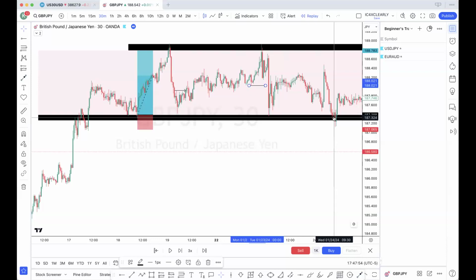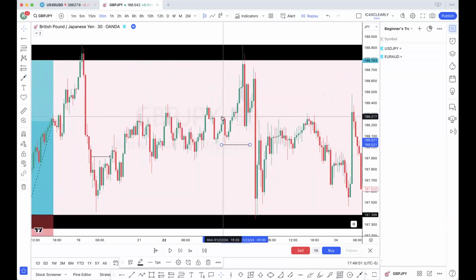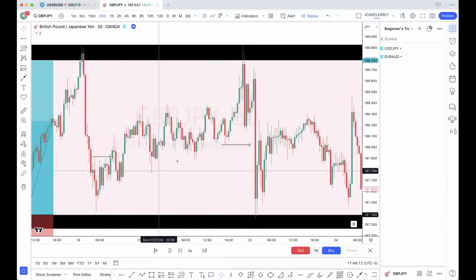That is all that I look for. I just look for a break of structure. Matter of fact, with this push up here, I would have been looking to buy because price pushed up, creating higher lows and higher highs. Okay.